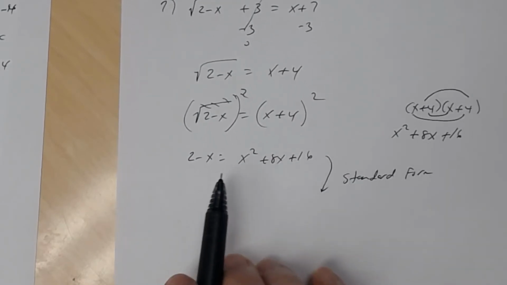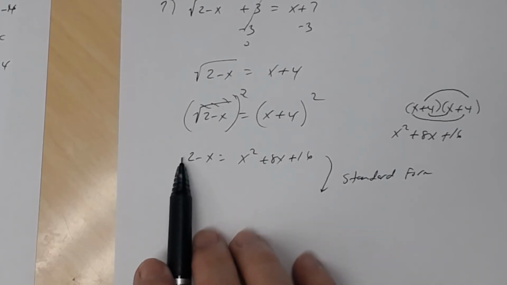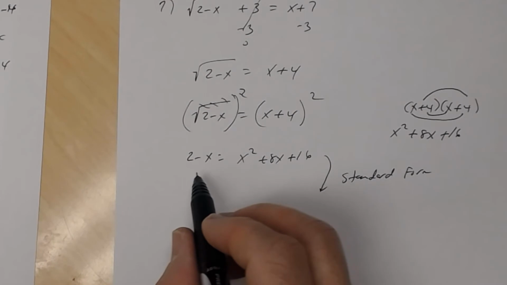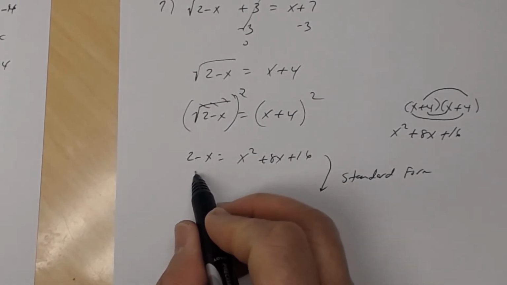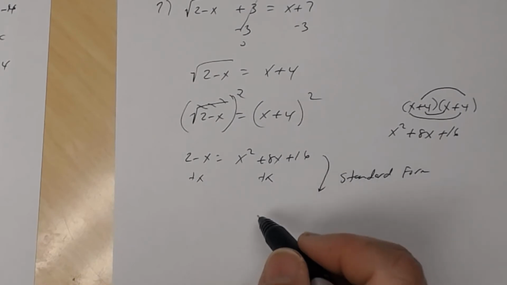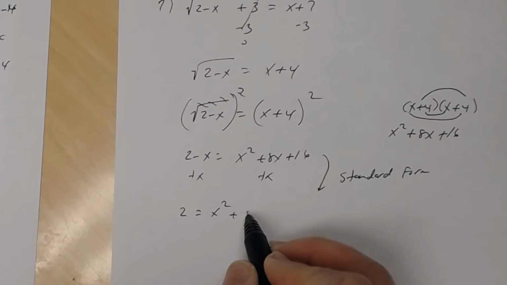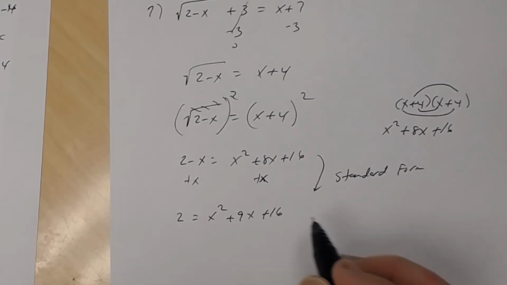All right, so again, the coefficient of x squared here is positive, so I'm going to bring these terms to the side. If you need to do it in steps, do it in steps. The first thing I'm going to do is add x to both sides and align my like terms. And so I get 2 equals x squared plus x plus 9x plus 16.